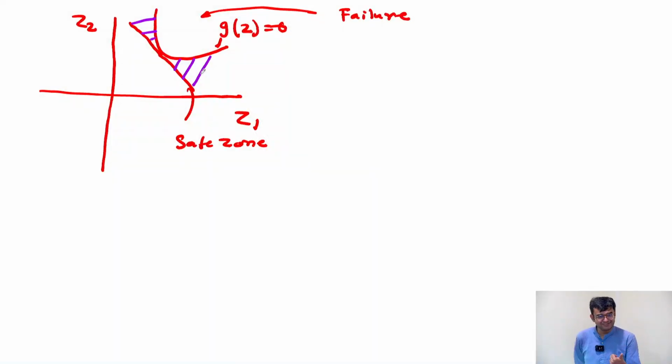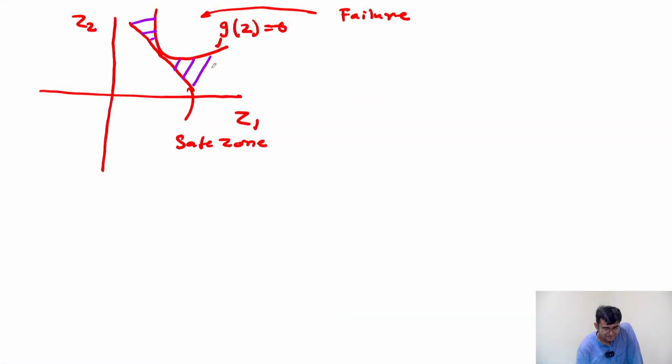This area was actually in which domain? Safe domain. Because of FORM, this is going in the failure domain, which means we are overestimating the failure, the probability of failure. This is the zone we are overestimating.